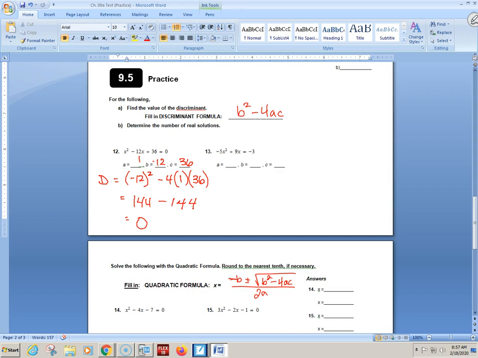Just 0. If you add or subtract 0, does anything really change? Exactly. There's only going to be one answer. There's not 1 plus 1 minus answer like on Friday's group quiz, how you added and subtracted and got 2 different answers. Adding and subtracting 0 is just 1. So, how many solutions? 1 solution.